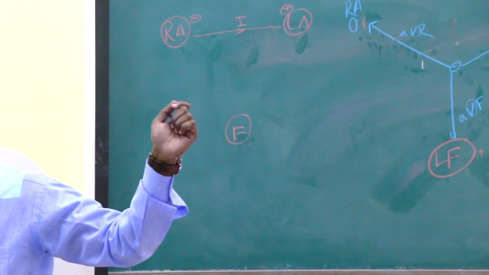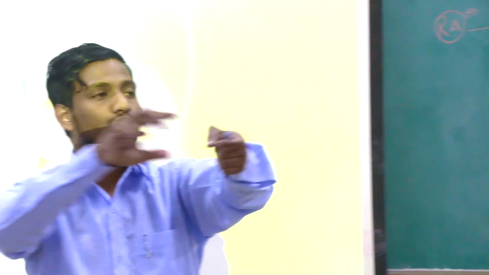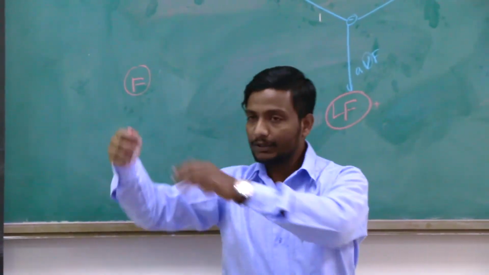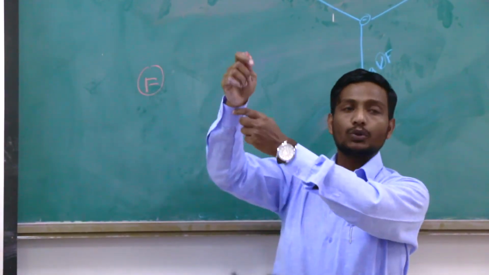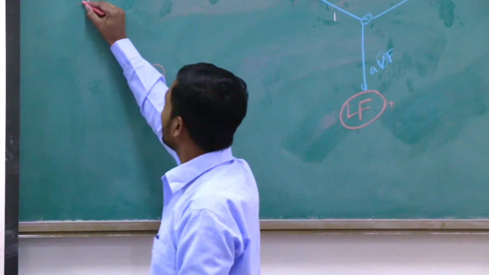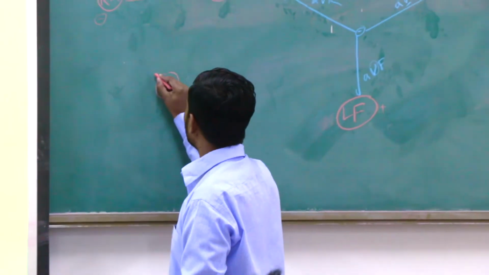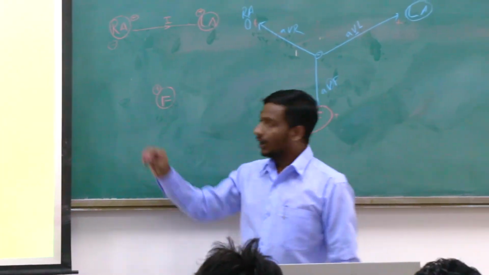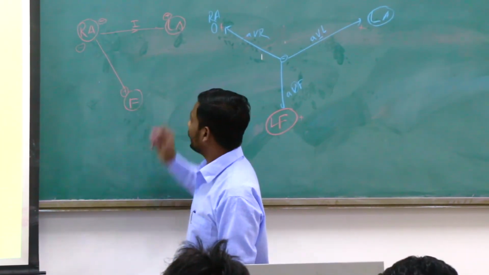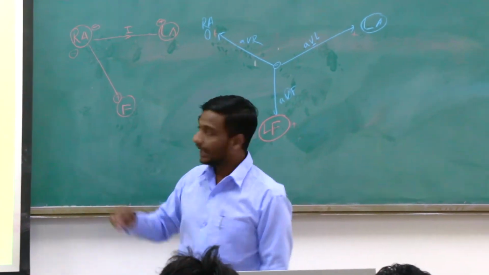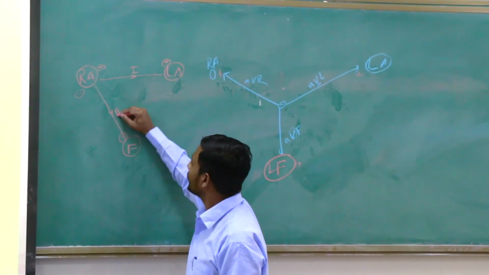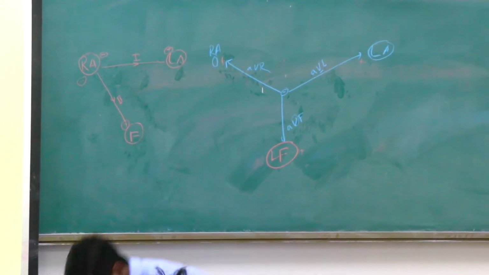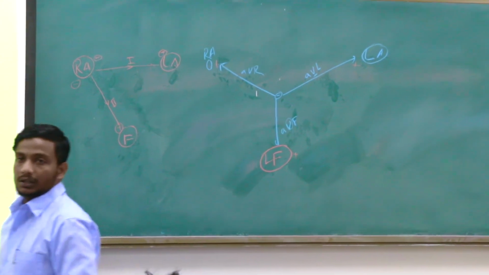When they work in combination, this one will be working as negative and this will be working as positive. Now in the same way, when the right arm and the foot work together, the right arm is going to behave as negative and the foot is going to behave as what? Positive. So now you put the direction: from the right arm to the foot, and this one is going to be called lead 2.